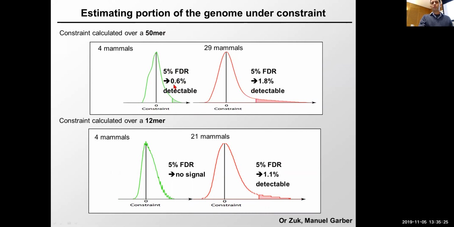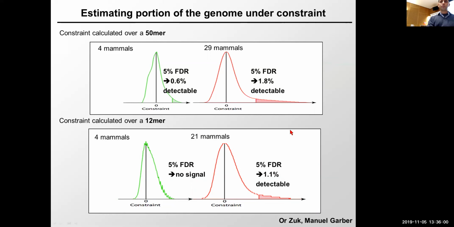Part of the reason is that it might not be in 50 nucleotide chunks, okay? And part of the reason is also that the smaller your element, the less power you have, because you have fewer opportunities to observe events. So as you increase the resolution to a 12-mer, you completely lose your signal in only 4 mammals. But with 29 mammals, you still have some signal, but it's smaller. You don't have as much power at that level.